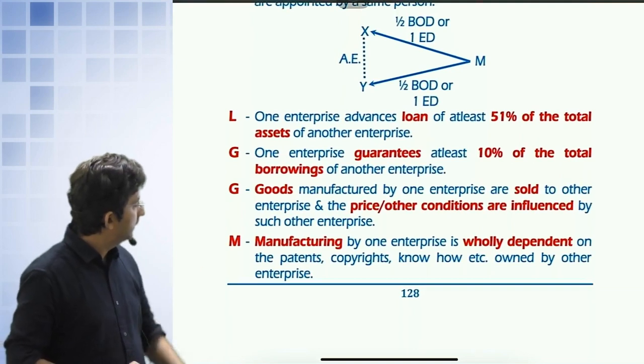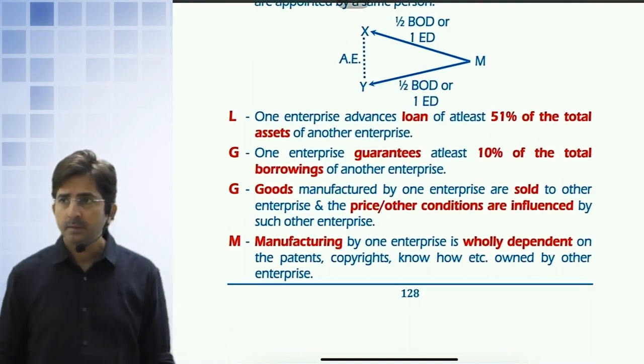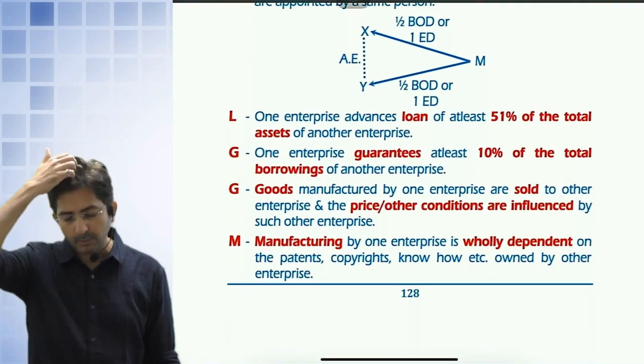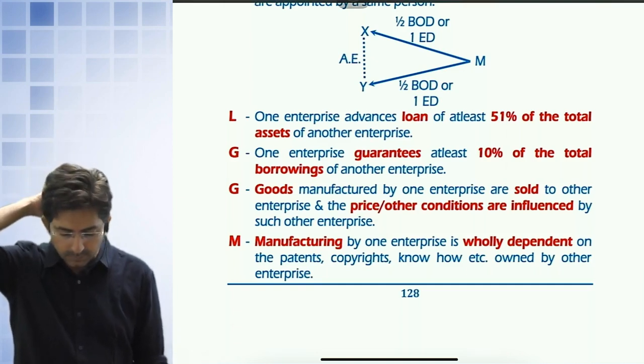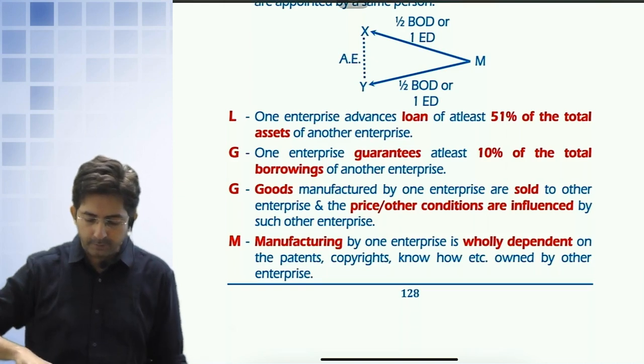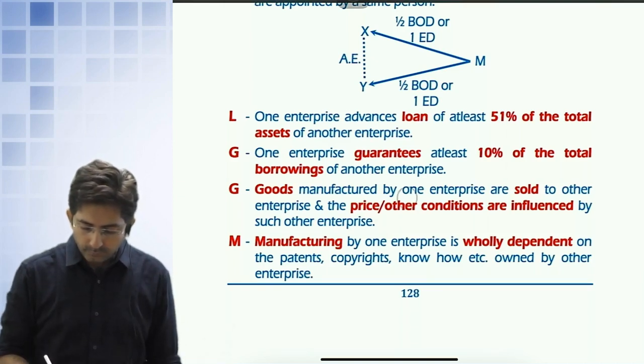Can you see the alphabet G? Goods manufactured by one enterprise are sold to other enterprise and the price and other conditions. So what will you write here? One enterprise, you will write, say, Y Limited.